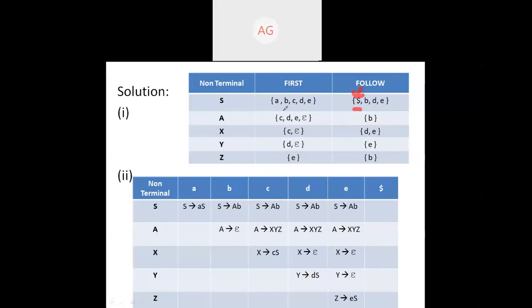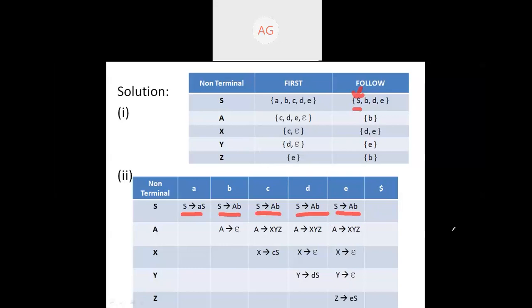As you know, the first of S will have A, B, C, D, E. So in this way you are going to place these productions in A, B, C, D, E corresponding to S, and in this way you are going to fill it. Just tally your answer with this model answer. Most of you have given it correctly, but some of you have mistakes in it. So just tally your answer with this model answer.